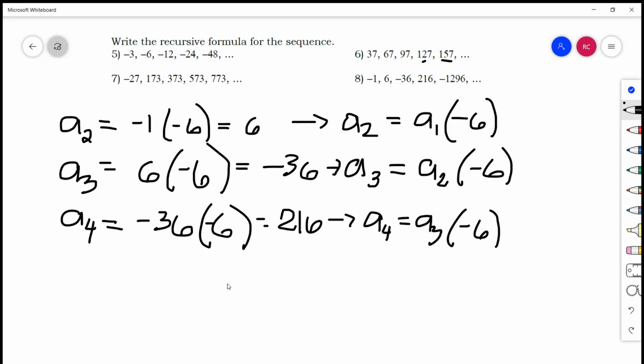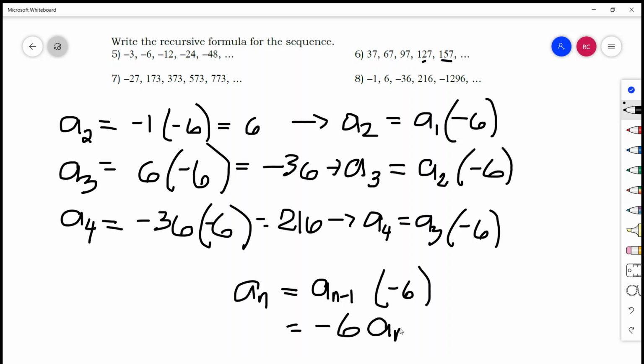So what will be the answer? So our nth term is just equal to our preceding term times negative 6, or we can rewrite this one as negative 6 a sub n minus 1.